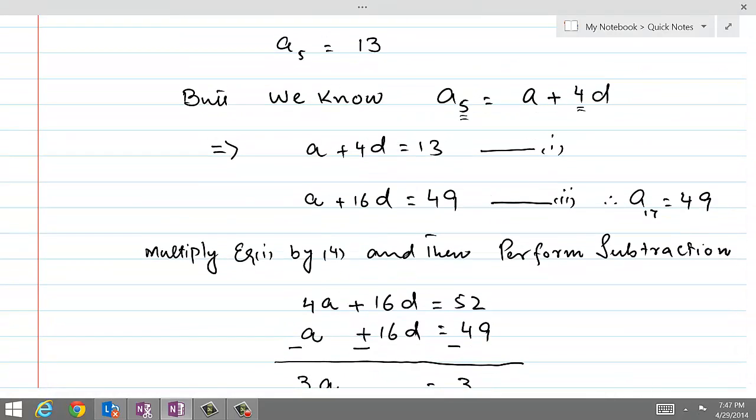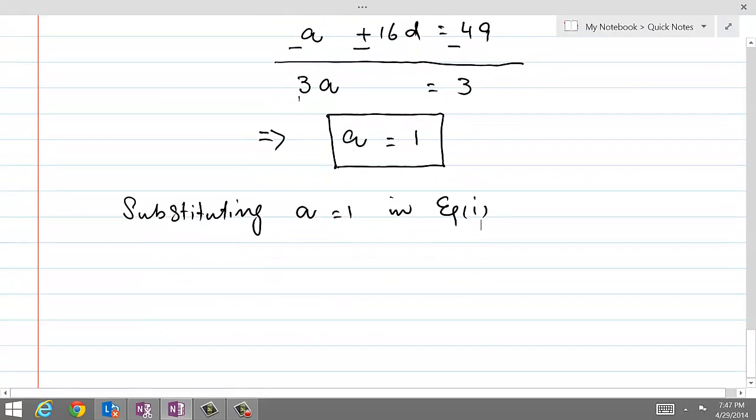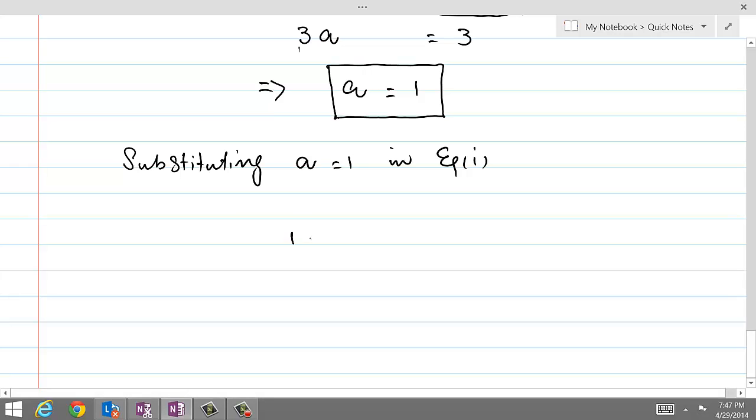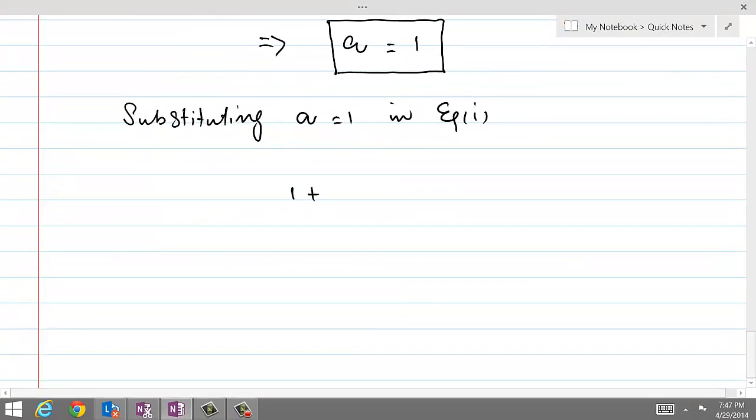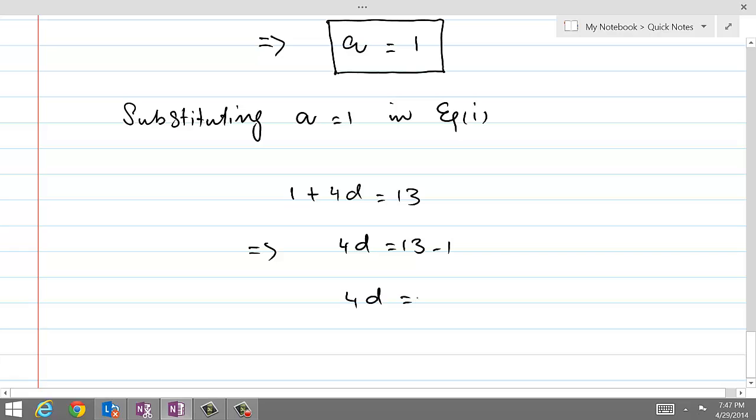What was equation 1? Equation 1 was A plus 4D is equal to 13. So 1 plus 4D is equal to 13. This means 4D is equal to 13 minus 1. So 4D is equal to 12, and dividing both sides by 4 will give us D equal to 3. We have also found the value for D as well.